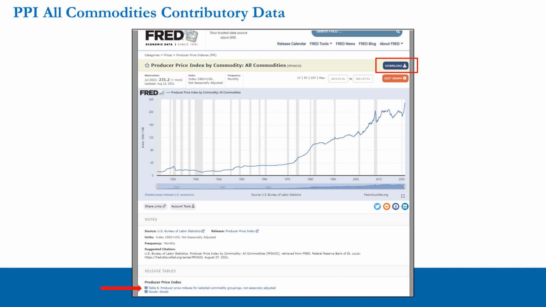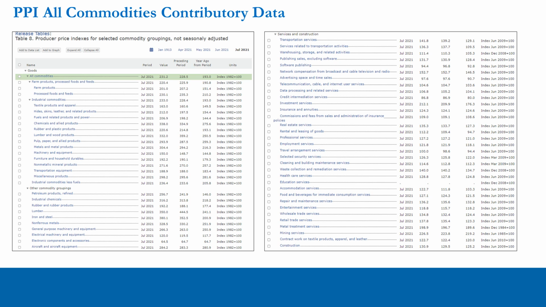The link there takes you to the commodity groupings that make up the headline index, which is the index currently on the screen. And when you click on that link, you get taken to another page, and the page shows you all of the commodities contributory indices that contribute to the All Commodities Index.